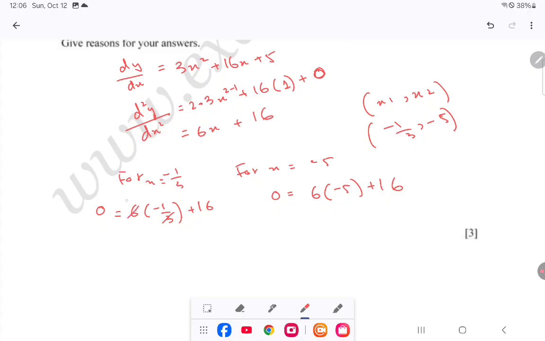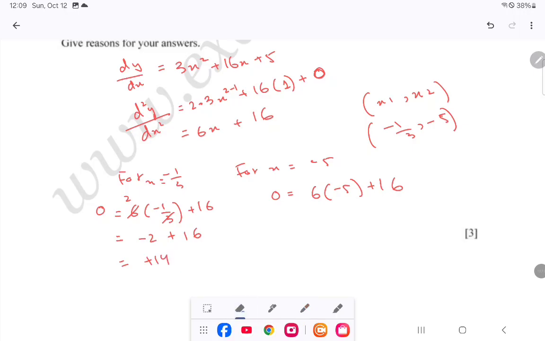3 into 2 is 6. Negative of 2 plus 16. Here it is positive 14.